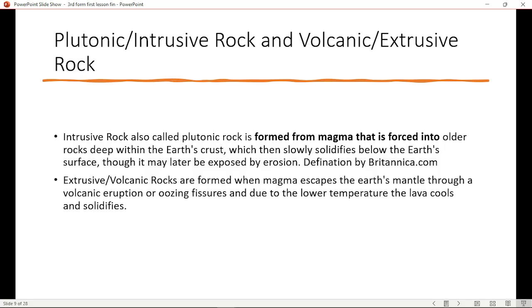Or when there are open crevices in the Earth's crust, it doesn't have to necessarily be a volcano for you to be able to get lava. When the magma seeps out of those crevices, which are known as fissures, it can cool and become rock after it solidifies.